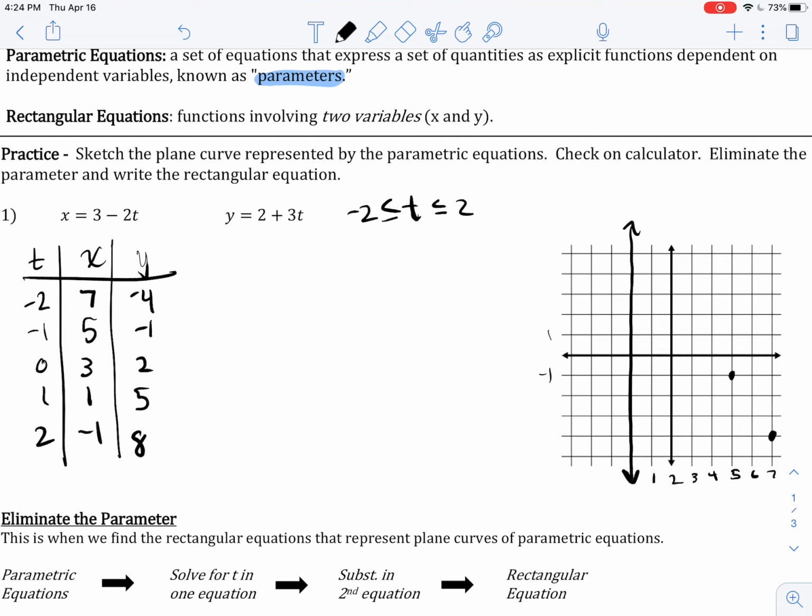At +3, I get 2. At +1, I get 5, which should be up here. And when x is equal to -1, I should get +8, which would be a bit up here. Something like that, okay? And now I'm going to go ahead and connect those dots.